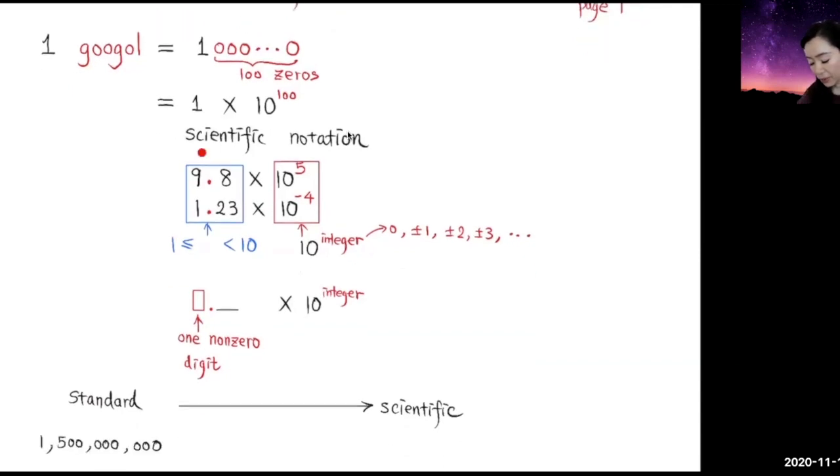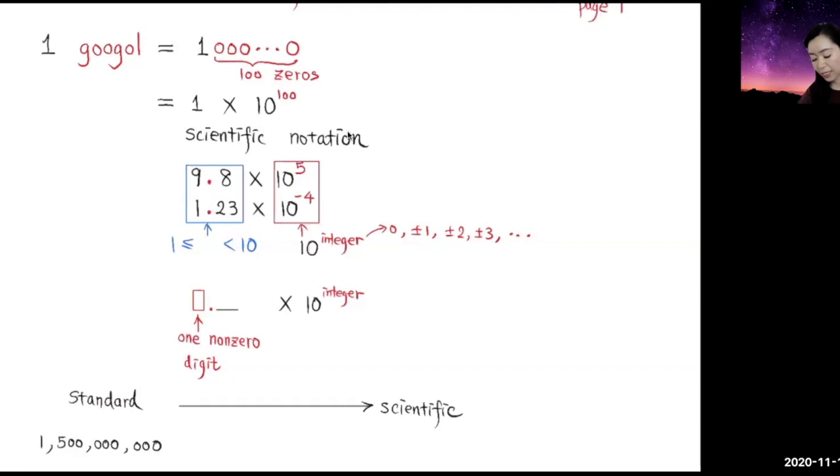So what is a scientific notation? Basically, it consists of 2 parts. The first part over here will be a number that is greater than or equal to 1 and less than 10. And then the second part over here will be 10 to some integer exponent. Remember integers, they are 0, plus or minus 1, plus or minus 2, etc. So this first part will have 1 non-zero digit in front of the decimal point.